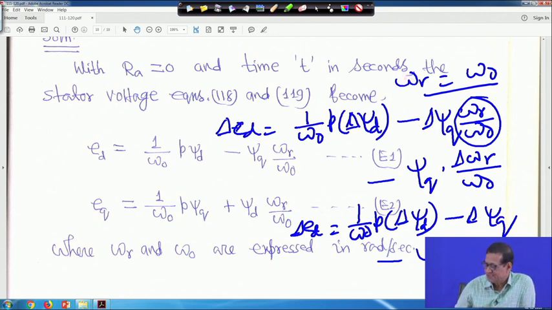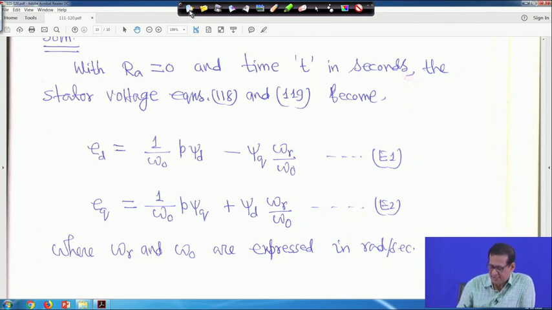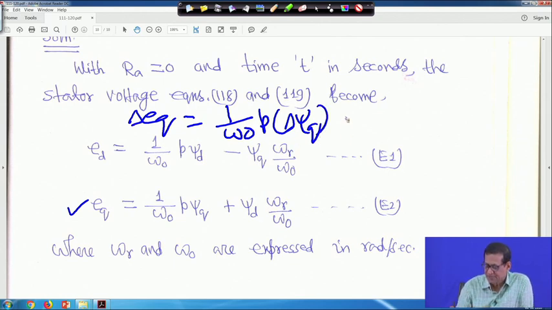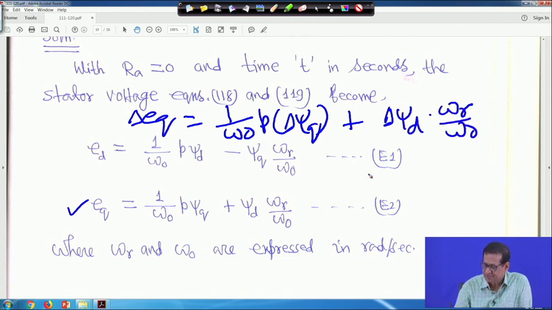This thing has been written in the next page. Similarly, if you take small perturbation for equation E2, for delta EQ, then here also it will be like this: delta EQ is equal to 1 upon omega 0 p delta psi q, plus delta psi d omega r by omega 0, plus psi d into delta omega r by omega 0.